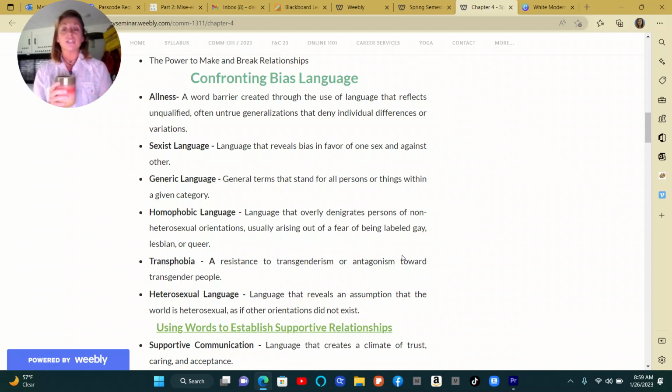So homophobic and sexist do come together, except homophobic is only in the case of going against heterosexual orientation. Transphobic language is a resistance to transgenderism and antagonism towards transgender people. And then heterosexist language is language that reveals an assumption that the world is heterosexual, like everything is male, female, as if other orientations did not exist.